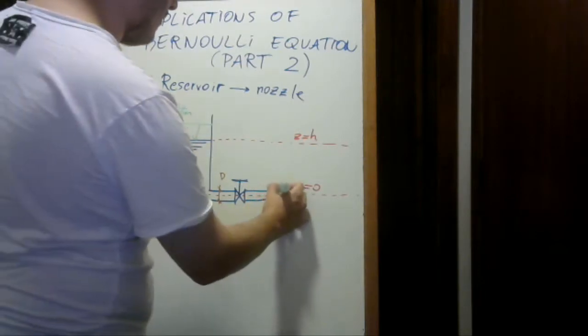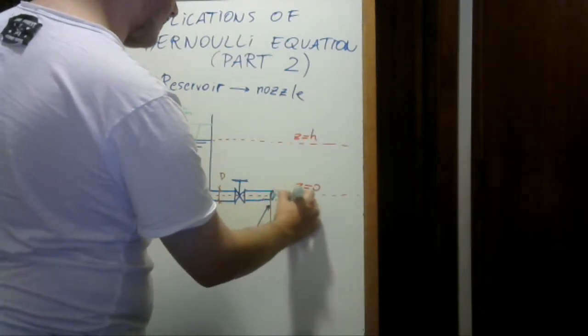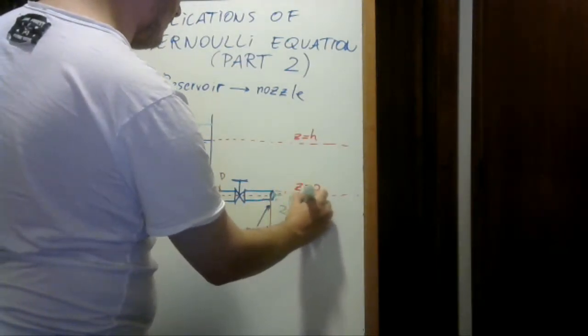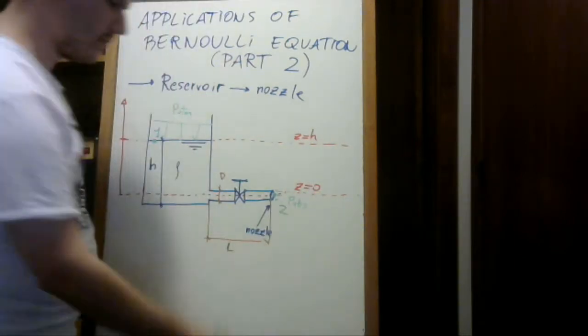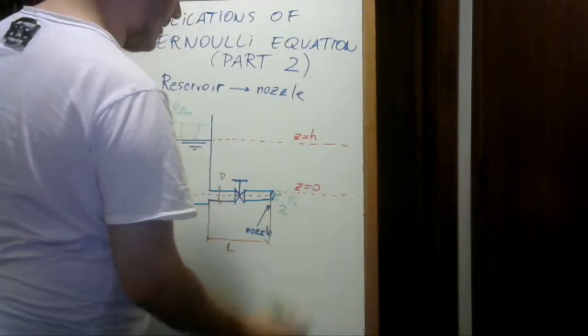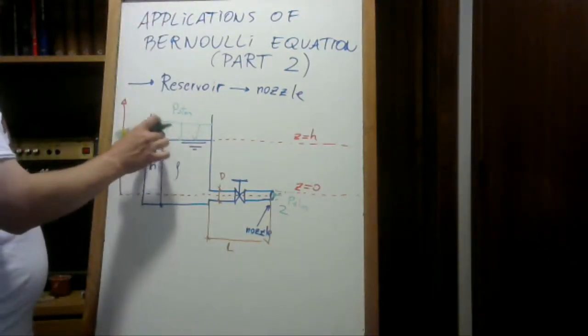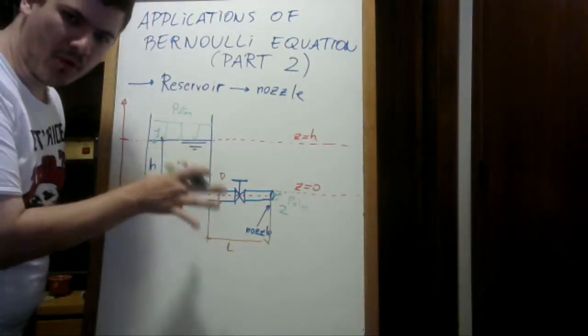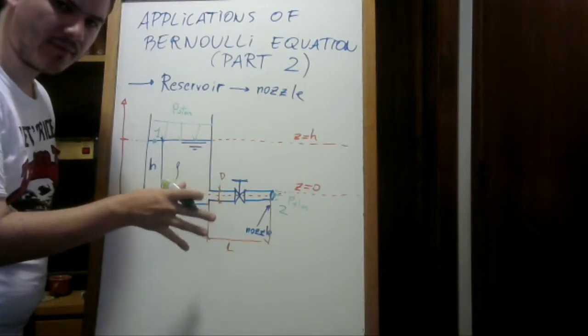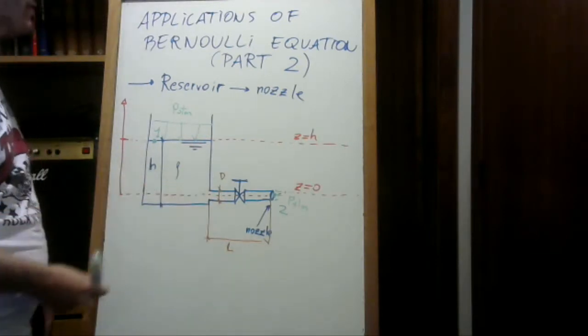And here, of course, we have atmospheric pressure too. Both at point 1 and point 2, the relative pressure is equal to 0.